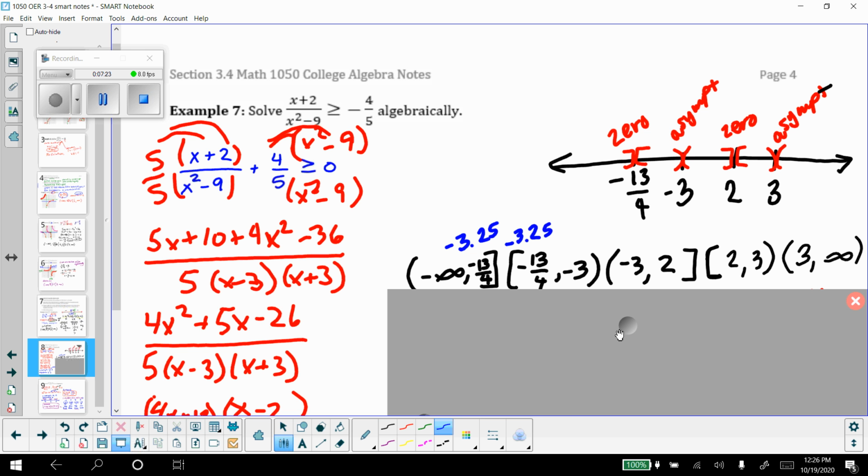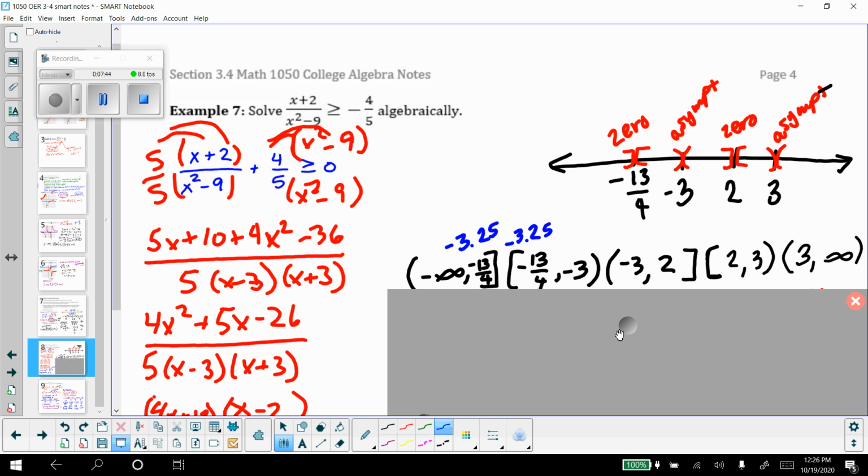And then from positive 2, where it's an x-intercept and it can equal 0, to positive 3, where the asymptote is, so parenthesis there, because it can't cross the asymptote. And then our last interval is parenthesis 3, where it can't cross the asymptote, to infinity.